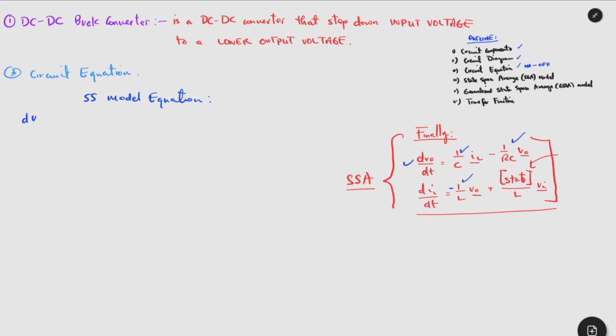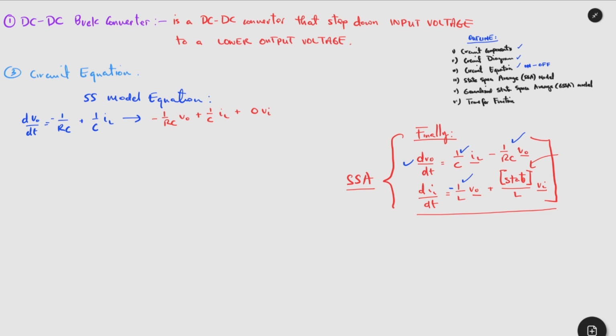So we previously said dv naught/dt is equal to minus 1 on RC plus 1 on C and IL. So this is simply the equation that can be stated in the form of minus 1 on RC V naught, plus 1 on C IL, plus 0 VI.